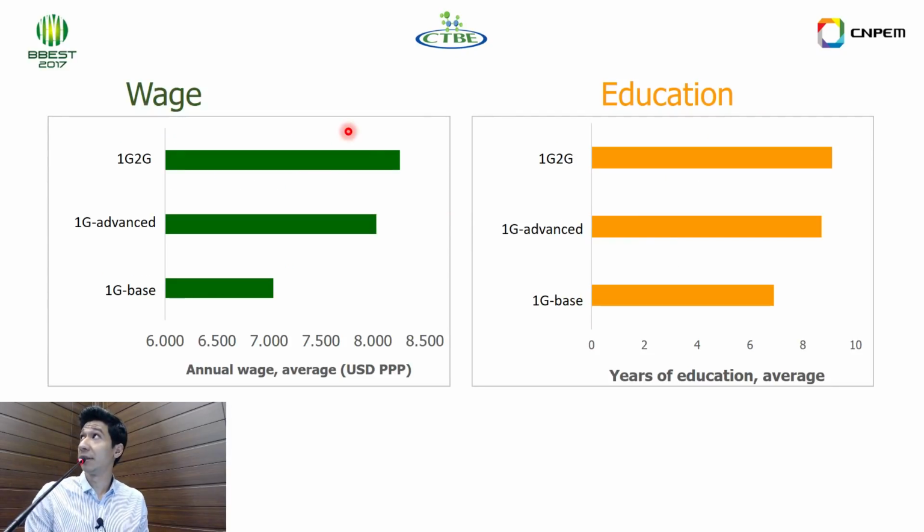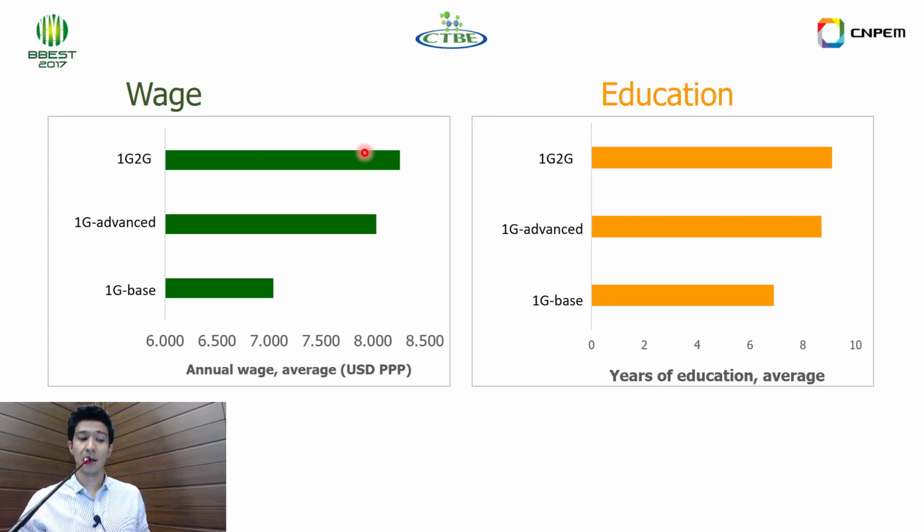When we look at wage, the average wage in the entire supply chain and the education profile, we see that the annual wage in USD, considering purchasing parity, first generation base workers on average have lower wage when compared to the advanced scenarios, for example, second generation scenarios.